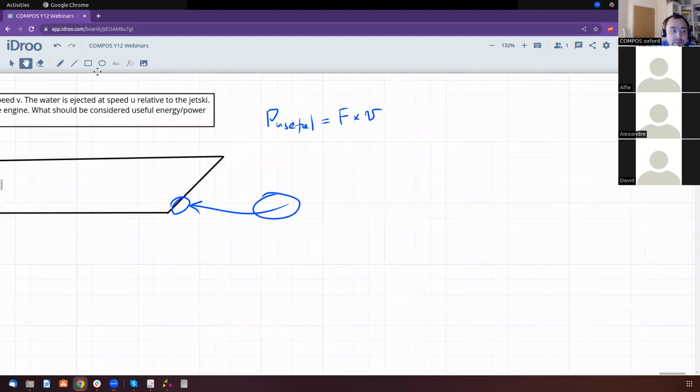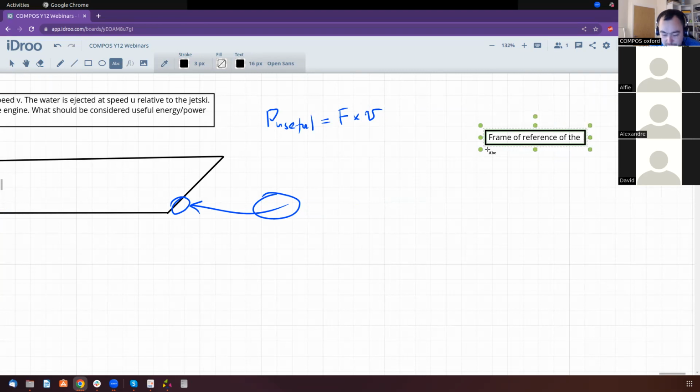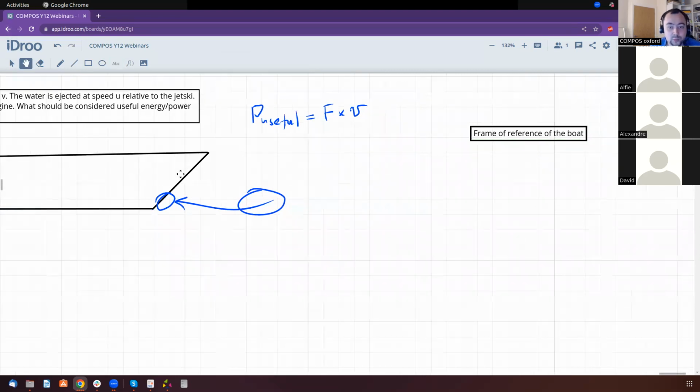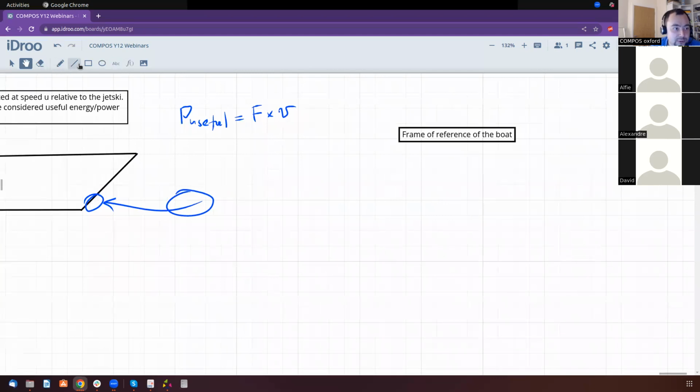Now, in the frame of reference of the boat, the water comes in, so the boat is stationary.